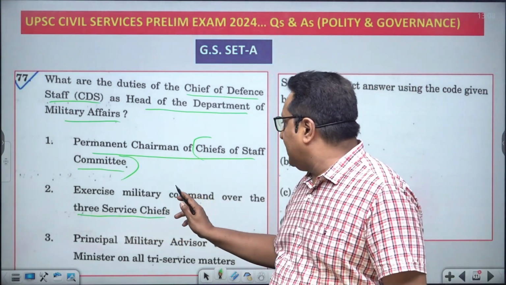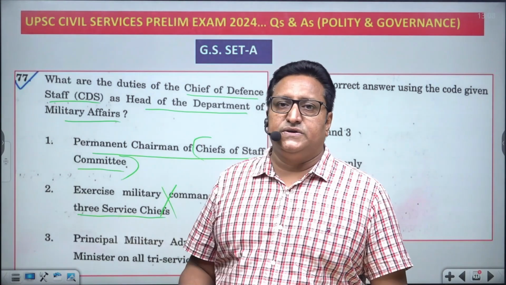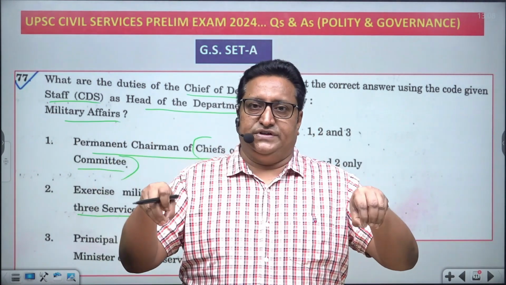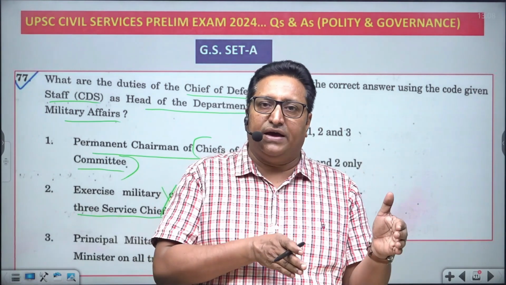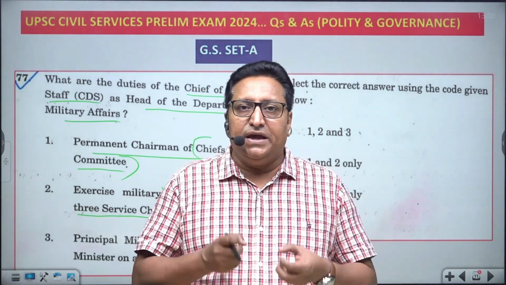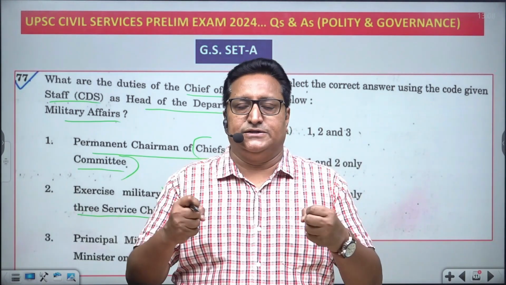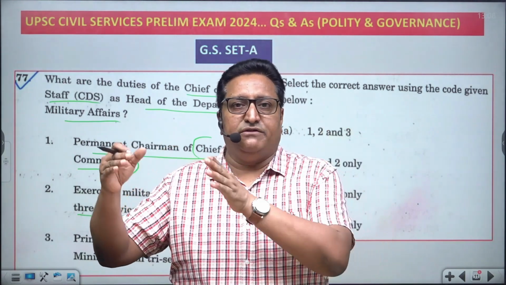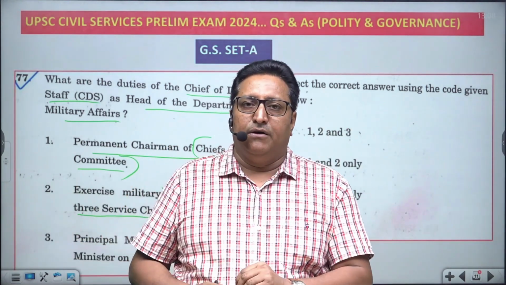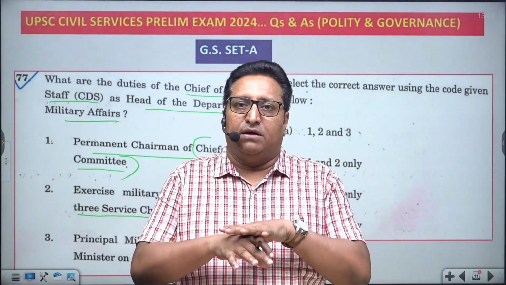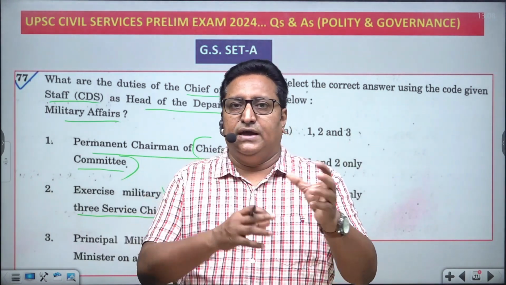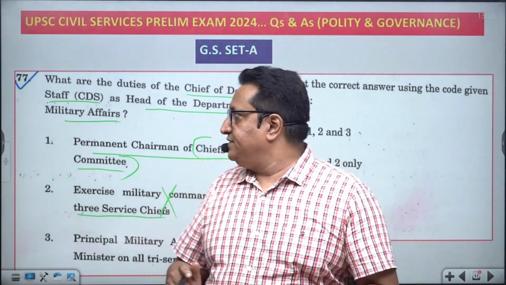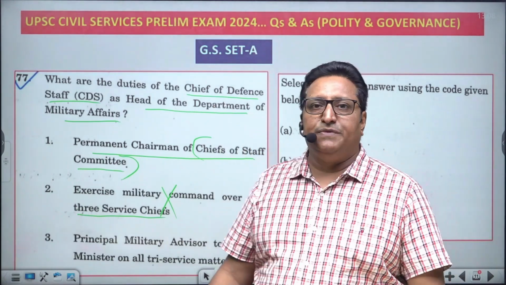No, this is not correct. Why is it not correct? Because each of the respective chiefs, like the Naval Chief, Air Force Chief, and Army Chief, is an independent decision maker in their respective fields. However, for proper coordination among the three chiefs and the three wings of our armed forces, this institution of CDS has been created.